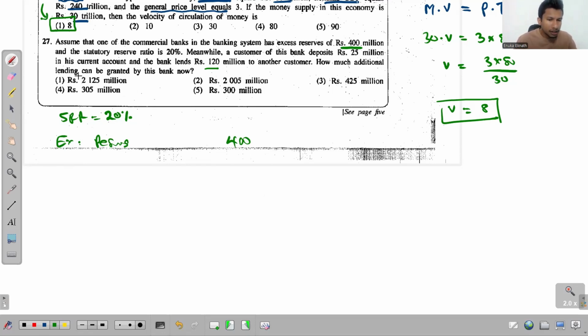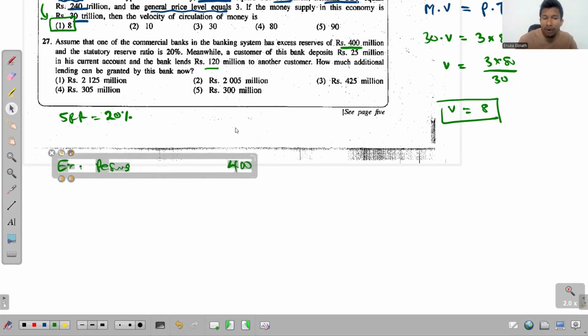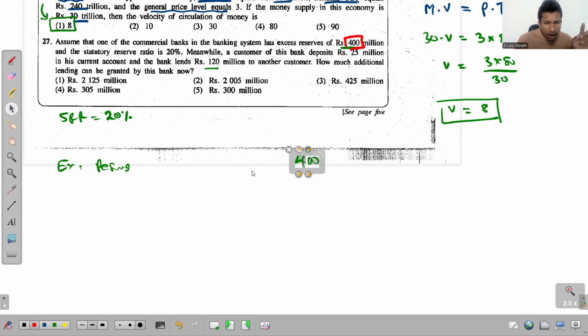After all these things happen, we just need to calculate the total amount that can be granted as a loan by this bank. But let's look at the initial situation. Initially the question says that this bank has excess reserves of 400 million. By now you all should have understood this.